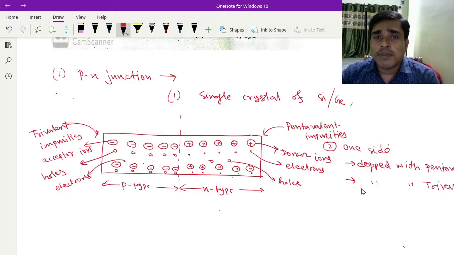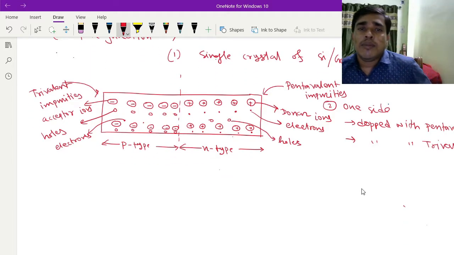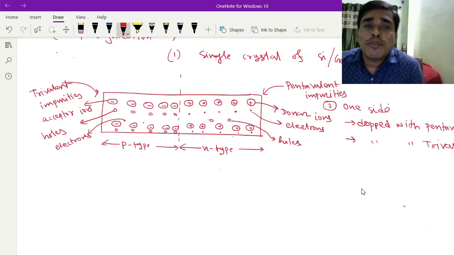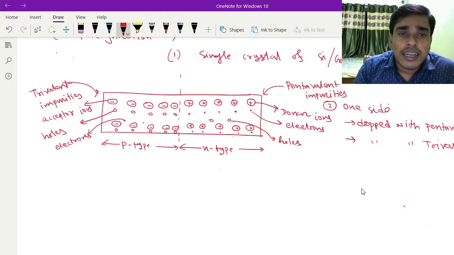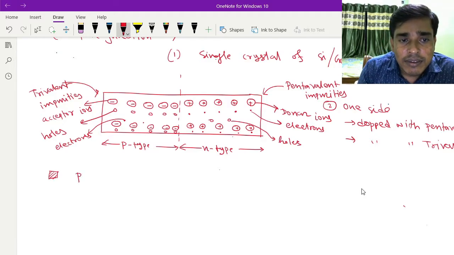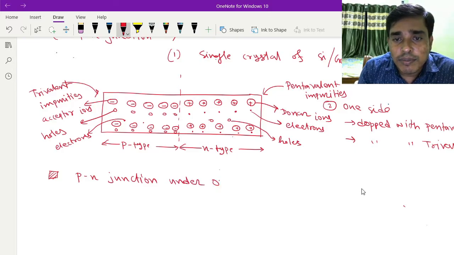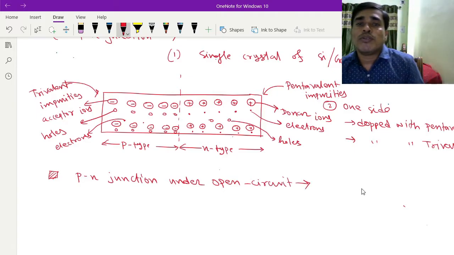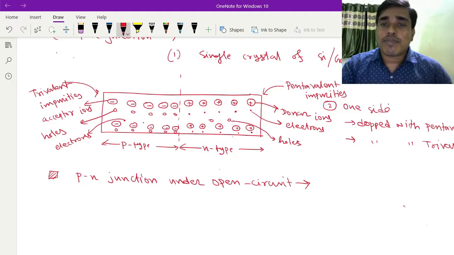Now, what happens if I place this junction under open circuit condition? So if I keep this p-n junction under open circuit condition, what will happen?